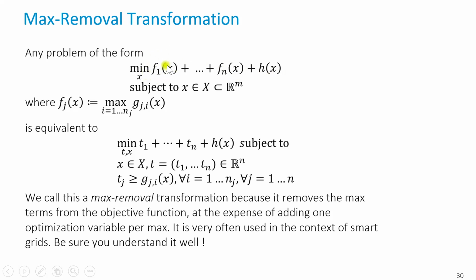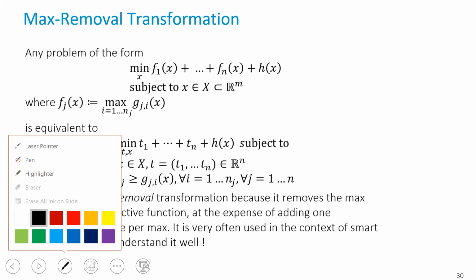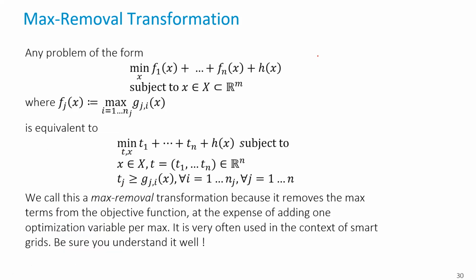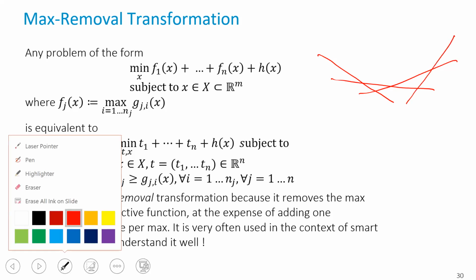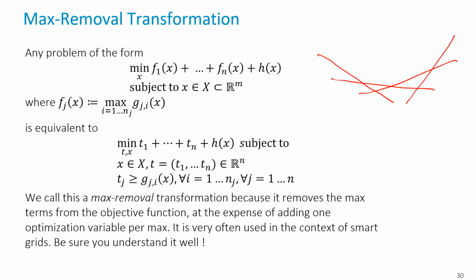If I want to minimize f1, so I want to minimize this thing here, and this thing is itself a maximum of linear functions. The intuition is the following. If you plot linear functions, and if you take their max, you obtain a convex function.